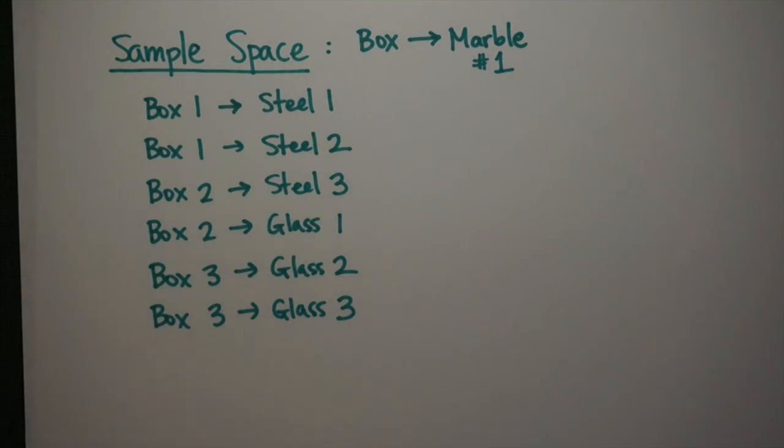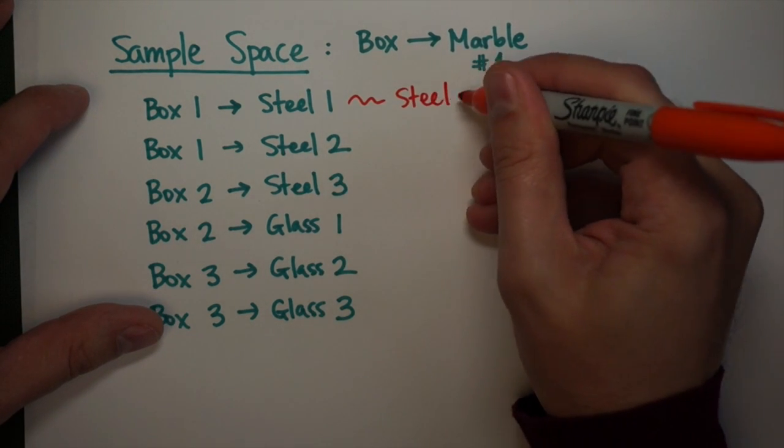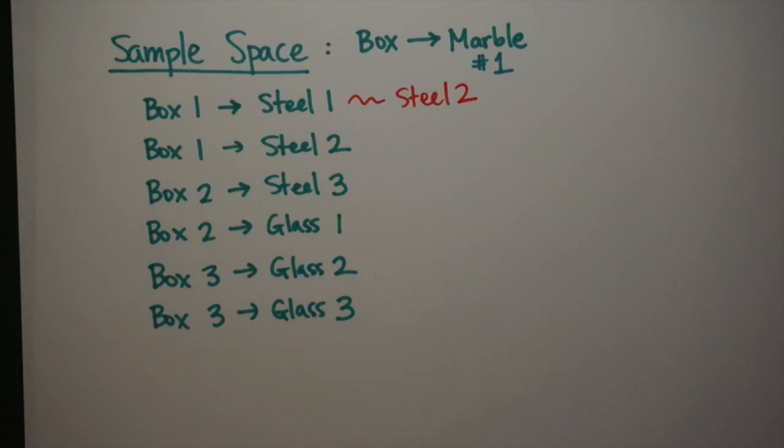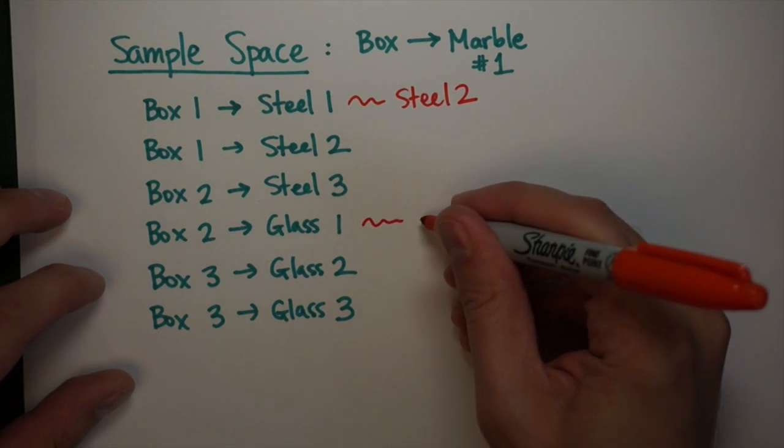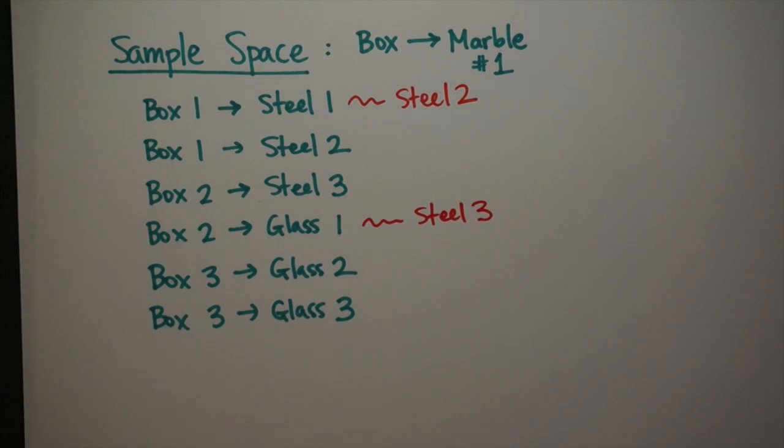This completely describes the full sample space because when I draw the one out of this particular box, I know what the other marble is that's left. If I draw steel 1, then the second marble in there is steel 2. If I draw steel 2, the second marble in there is steel 1, which is a different instance. It's not exactly the same case. So drawing glass 1 out of box 2 means I'm going to end up with steel 3.